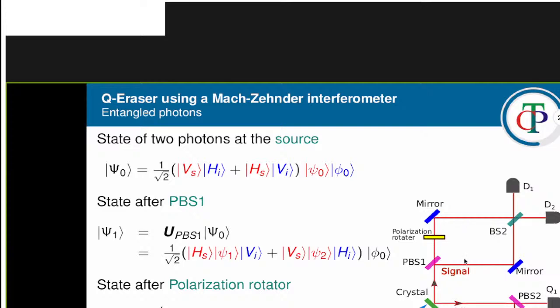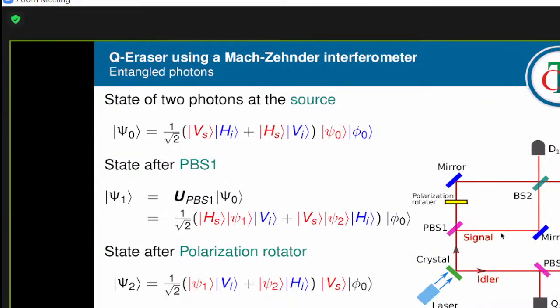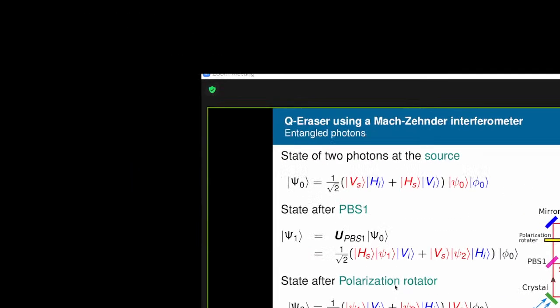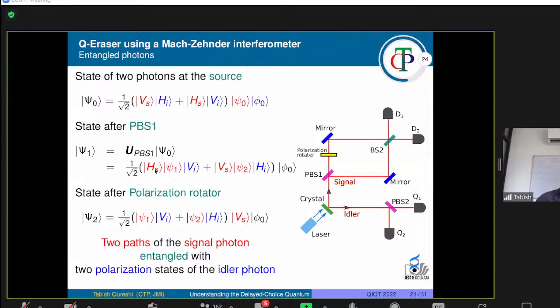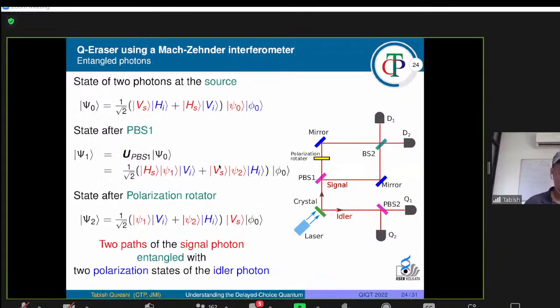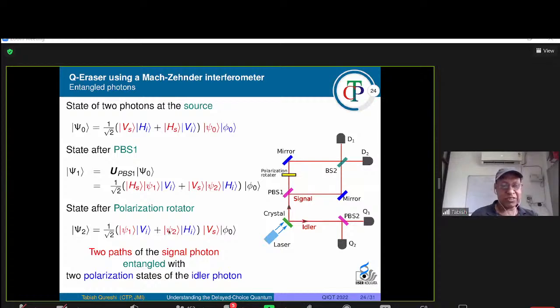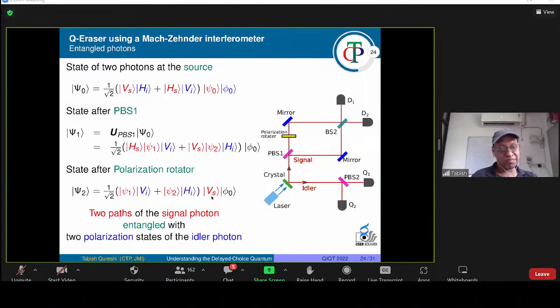So the polarizations are orthogonal in these two paths, but the rotator will rotate the polarization so that these polarizations become identical in the two paths. So what happens after the polarization rotator? This HS will also become VS. The second path was already VS. So this VS now goes out.